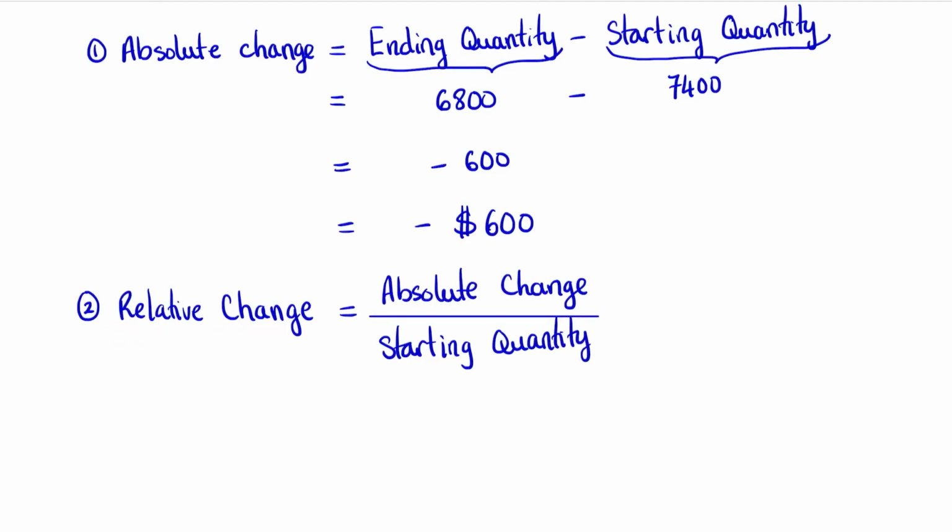Relative change equals absolute change over starting quantity times 100%. Absolute change is negative $600. Starting quantity is 7,400. I will replace absolute change with negative $600, and starting quantity with $7,400.